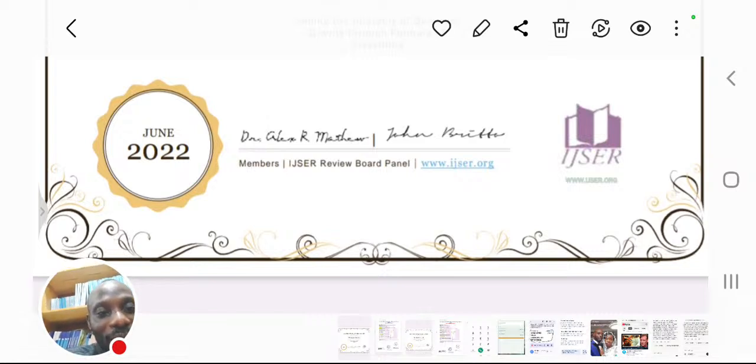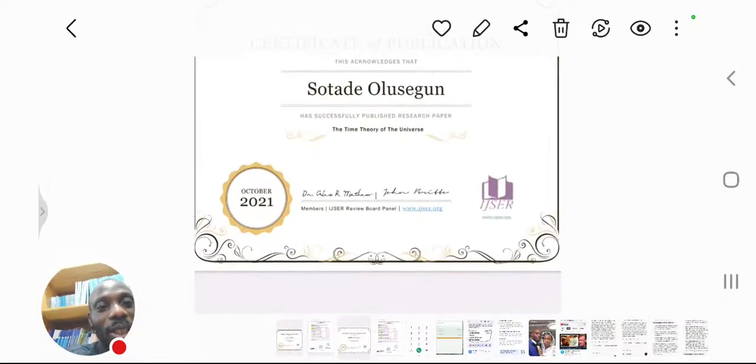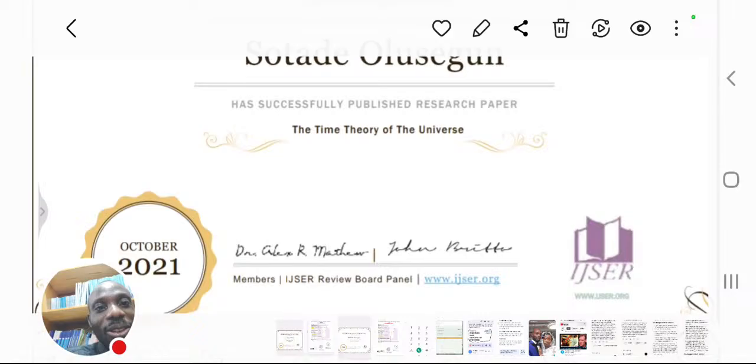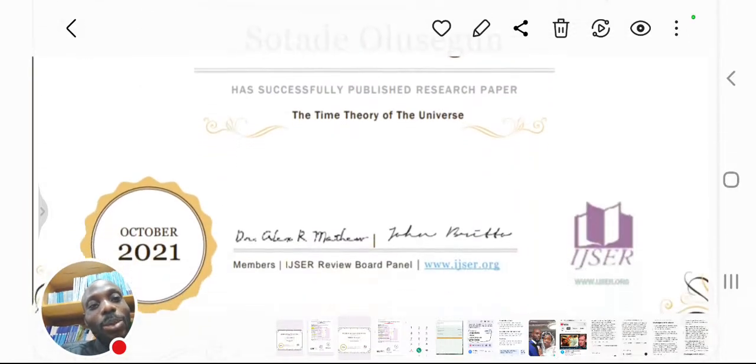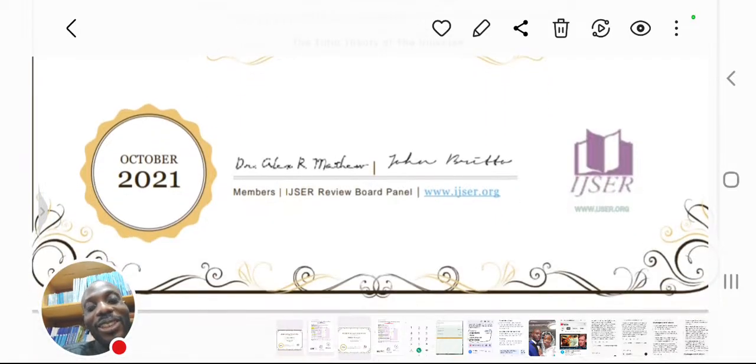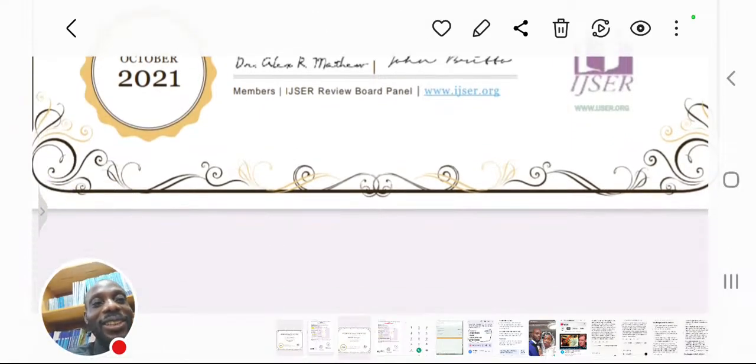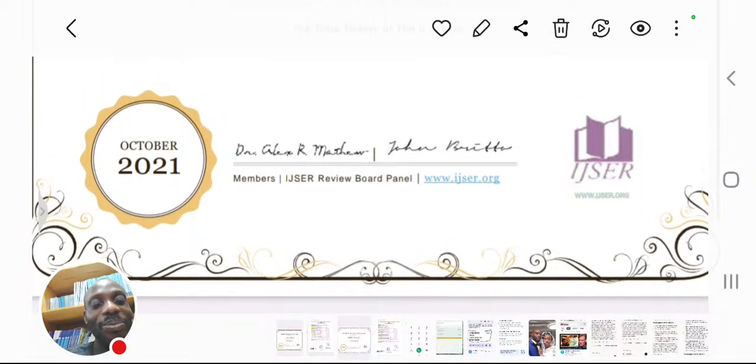Now let's look at the second certificate of publication. This acknowledges that Shota Olusegun has successfully published research paper, The Time Theory of the Universe. Now you can see that was published on October 2021. So that is that.